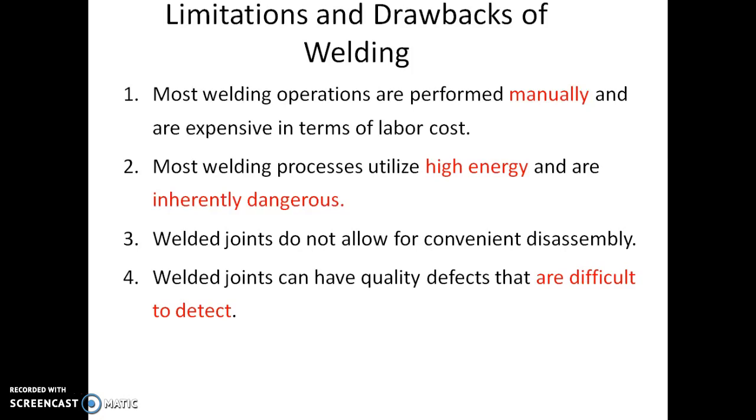Very high energy is required, and it is dangerous, which is why safety equipment is needed during welding processes. Otherwise it can cause severe harm if you don't take care. Dismantling is somewhat difficult, and detecting defects is difficult in welding. So these are the limitations.